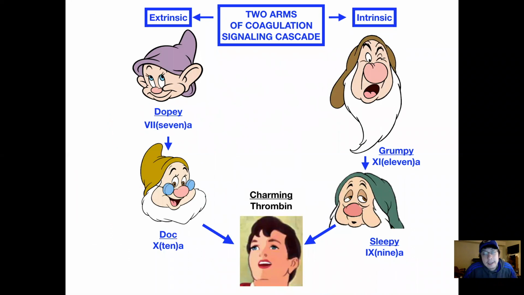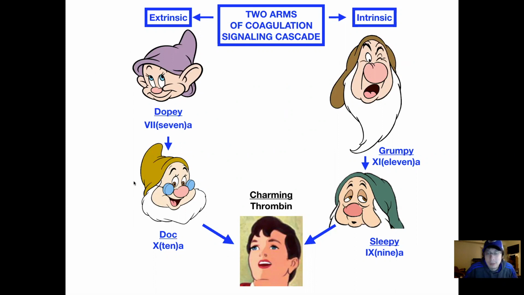So I'm pretending like I'm explaining this to my little kid that's just been born. I would tell them that there were these 7 dwarves, right? Some of them were happy, some of them were not. The ones that were happy were easier to activate, so they're going to be involved in the first part of the story, the extrinsic part of the pathway. The first protease involved is Dopey, and Dopey will activate Doc.